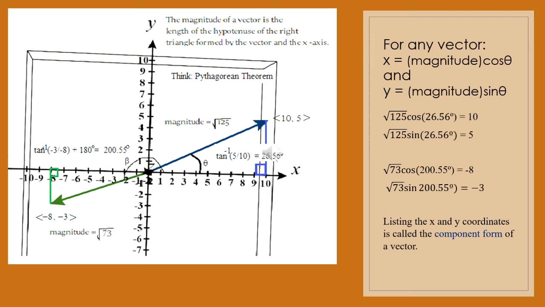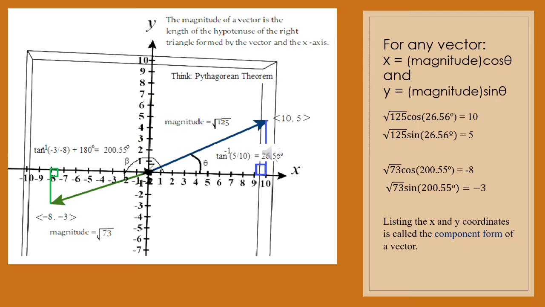Add a half circle, add 180 degrees, and you will get the full angle needed to measure from the positive x-axis to that vector. So inverse tangent of 3 divided by 8 plus 180 degrees gives us 200.55 degrees. That is the correct angle for the vector with terminal point -8, -3.